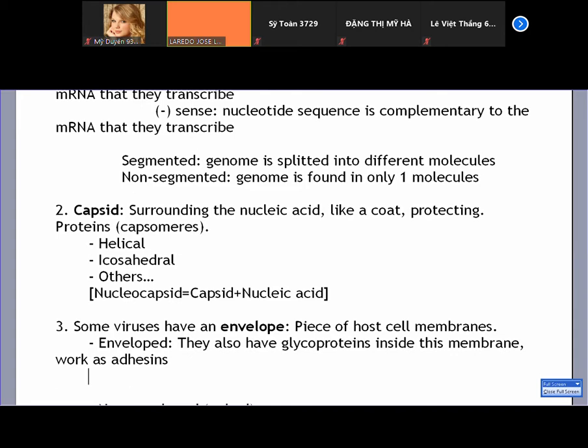Some viruses with an envelope may have other proteins called matrix proteins, and these matrix proteins are bound, linked to the inner layer of the envelope. Remember, the envelope is a double membrane, it's a host cell membrane. So they have an outer layer and an inner layer.